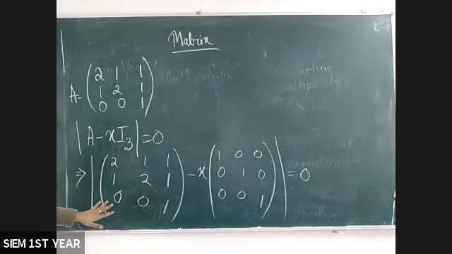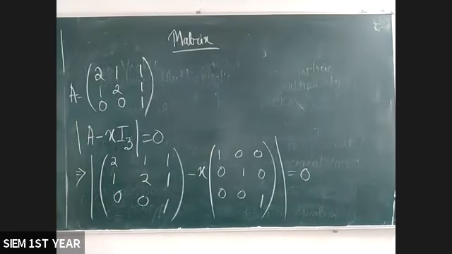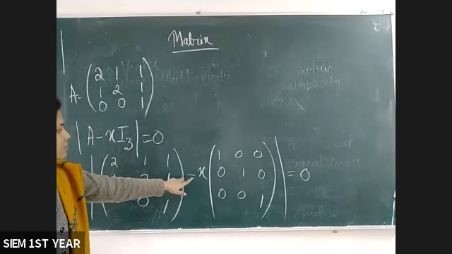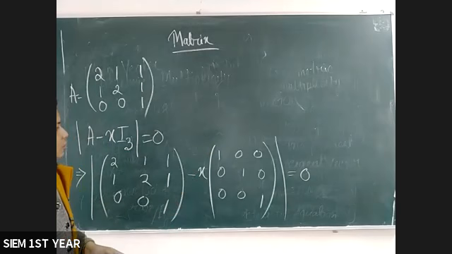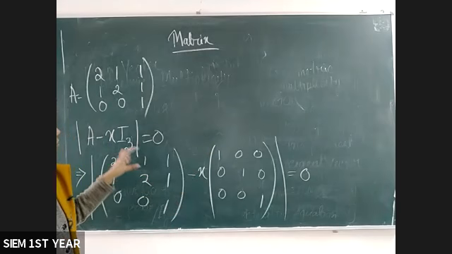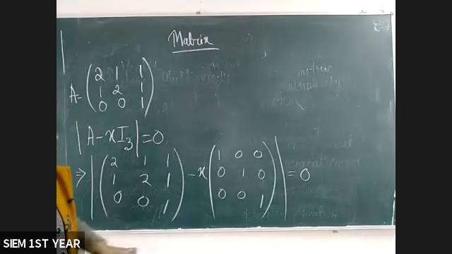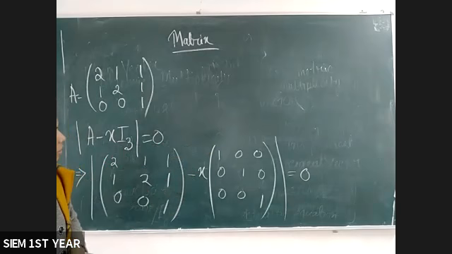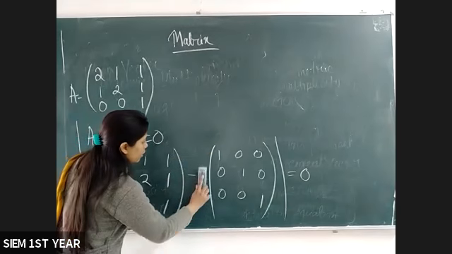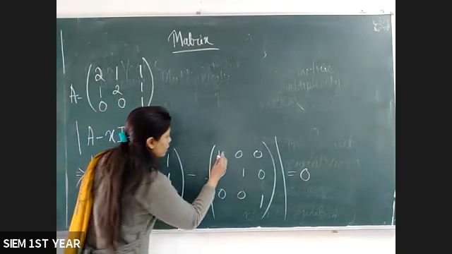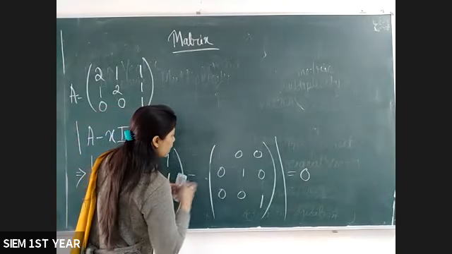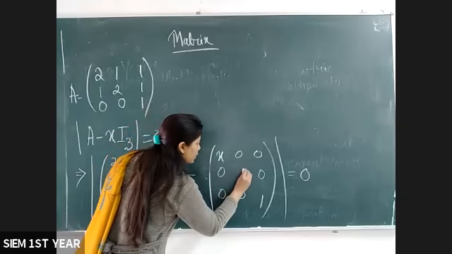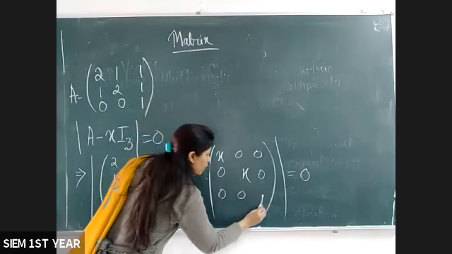I am just putting the values. Since it is a matrix and x is multiplied with this matrix, you already know that if you have to multiply any scalar with a matrix, you have to multiply this x with each and every term of the matrix. So we are multiplying, and you get 1 into x means x. The next is 0 0, again this is x 0 0, 0 x.